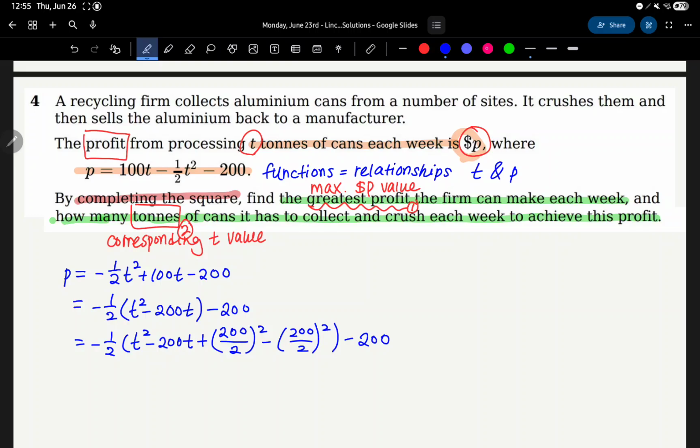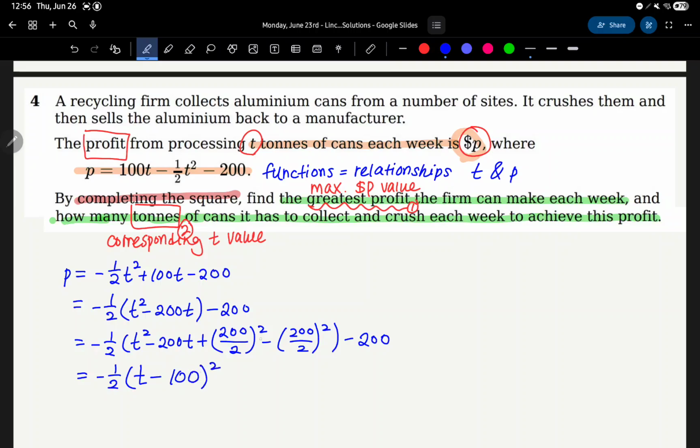Since we can complete the square up to here, we need to take this constant out of the parentheses. How do we do that? We need to multiply this number, so we're going to do that straight away. We're going to get minus 1/2 times (t minus 100) squared.